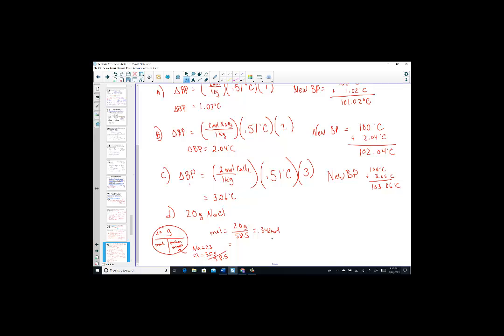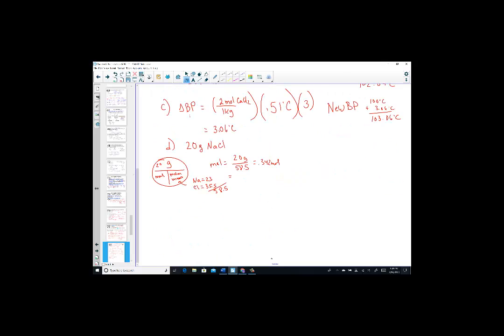And now we have what we need to set up our change in the boiling point formula. So the change in the boiling point can be found by taking the moles of salt, and that's in a kilogram of solution, times the boiling point constant, 0.51 degrees Celsius, times the number of particles. Well, the sodium chloride is built of two ions, a sodium and a chloride.